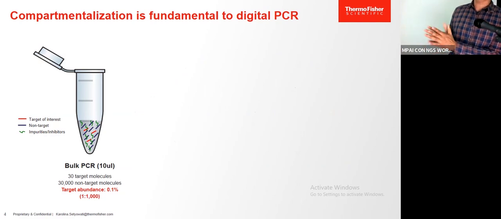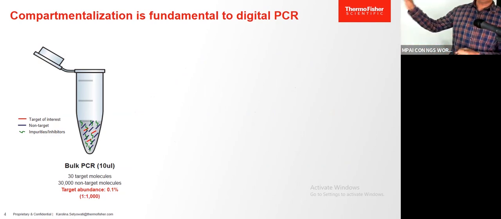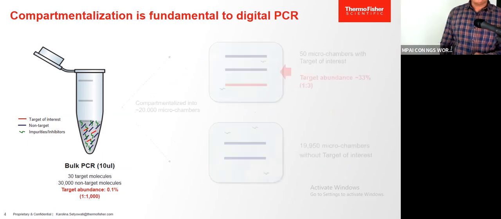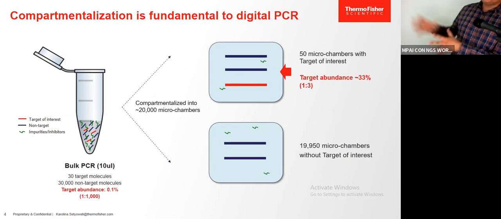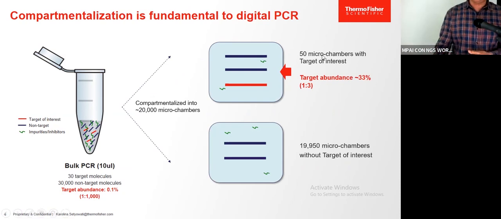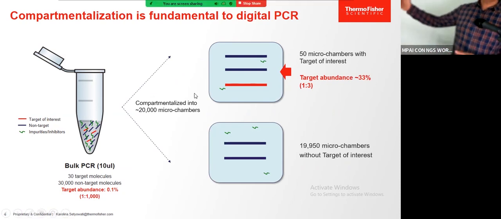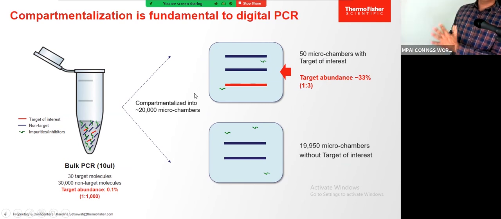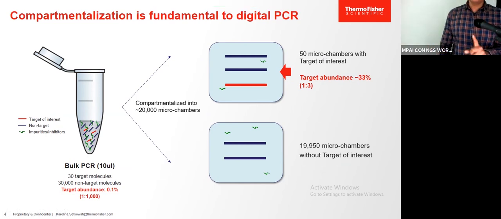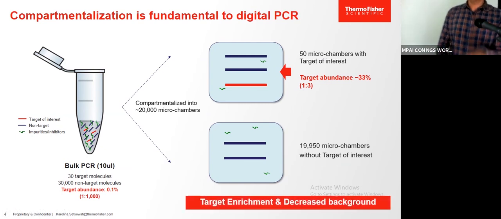The abundance is 0.1%, and it's not possible to detect these molecules in qPCR. But with compartmentalization, maybe one compartment has one target molecule against two wild-type molecules, and we get fluorescence. It becomes easier because the abundance has increased to 33%. That's the basic principle of digital PCR, where enrichment is done by compartmentalization.